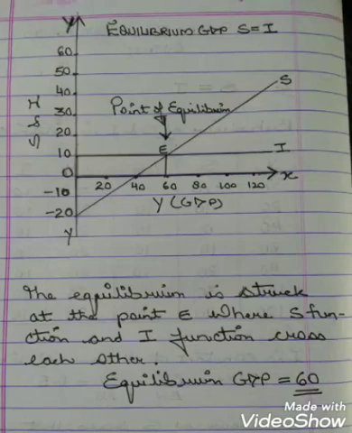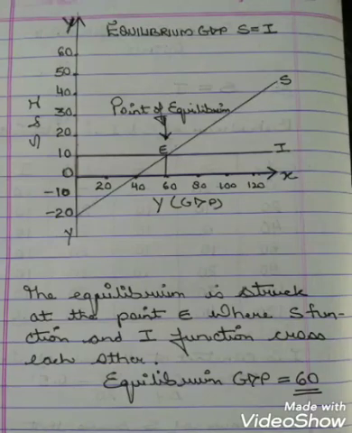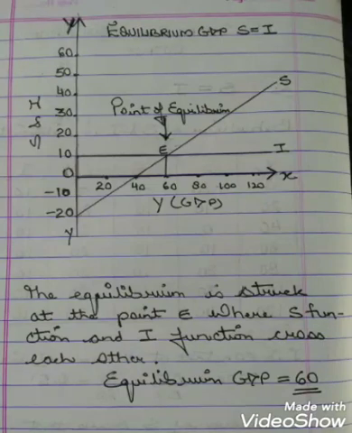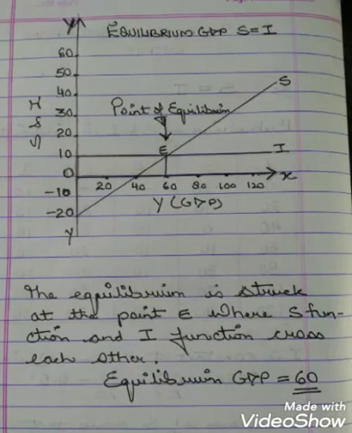Now children, the question comes: what if S is greater than I, or S is less than I? The situation might arise. In case S is greater than I, aggregate expenditure in the economy would be less than what is needed to buy the planned output. Some output will remain unsold and the producer will have an undesired stock.